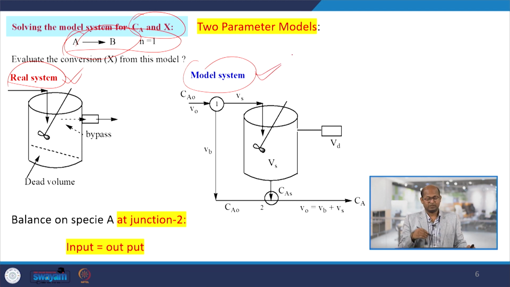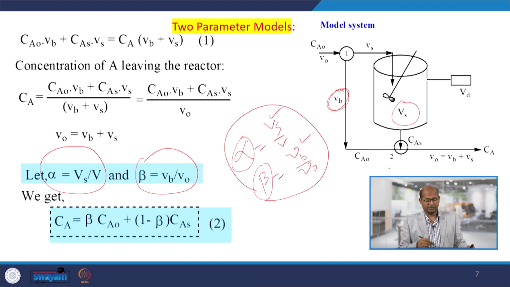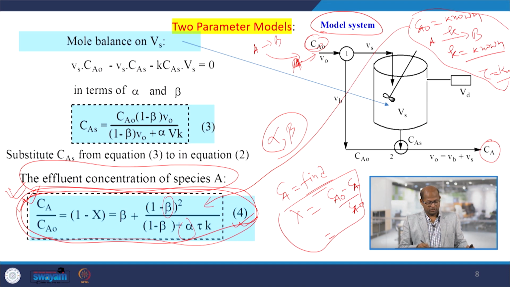If we conduct these reactions, how can we find the exit concentration or conversion? For that, for this particular model system, we developed equations in terms of alpha and beta.